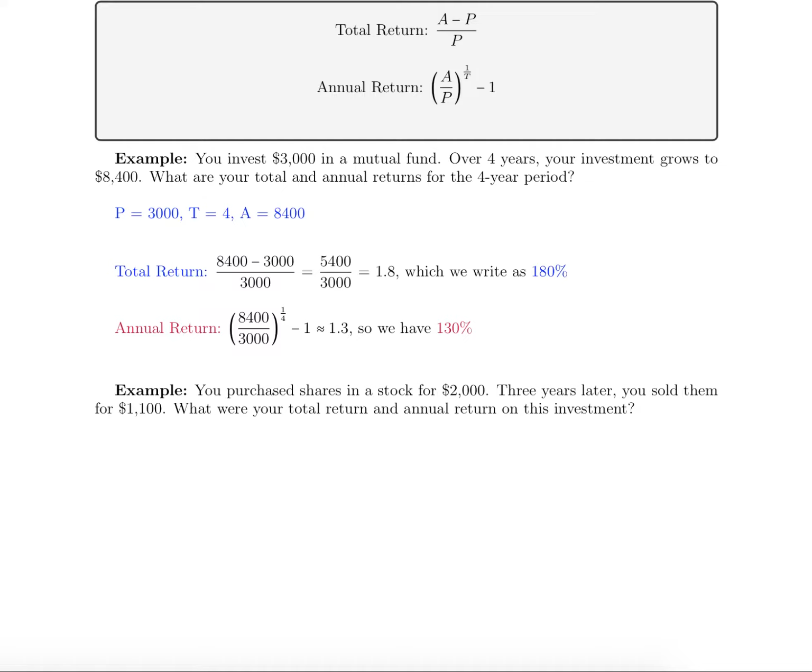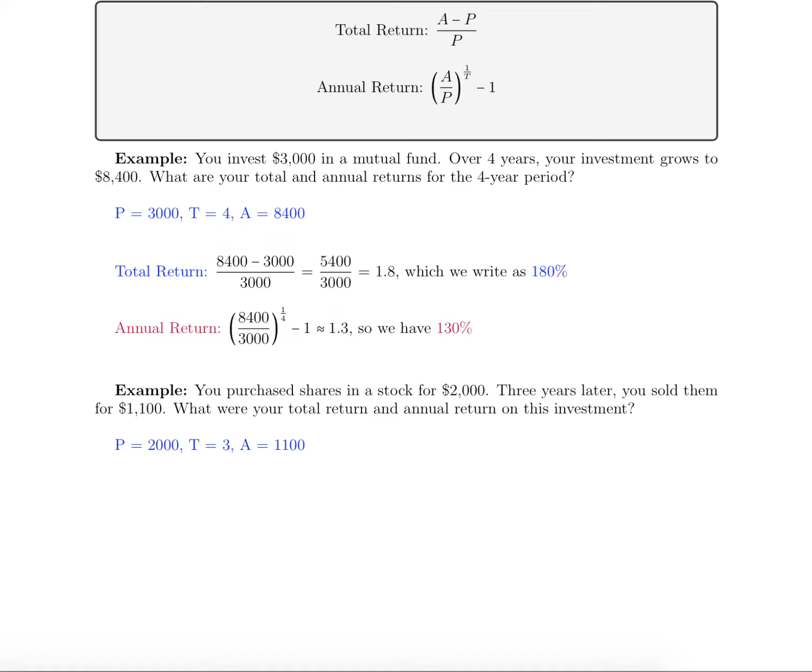So the principal, the P, is going to be 2,000. The time was 3 years, and the accumulated was 1,100. So y'all remember that accumulated is not always going to be the larger number. So this is going to be an example of when we invest in a stock and we end up losing money, because that can happen.